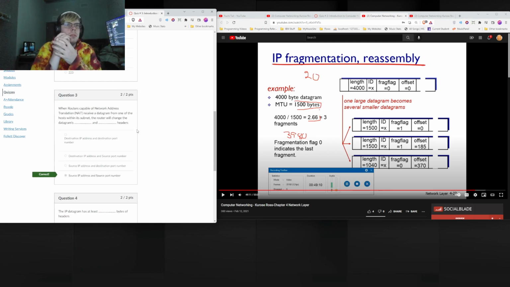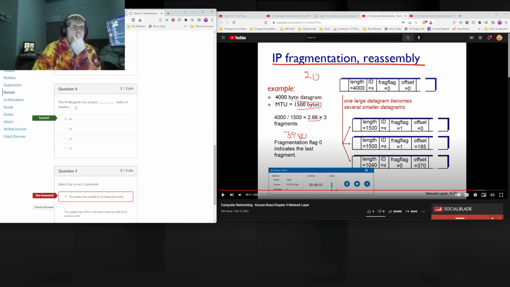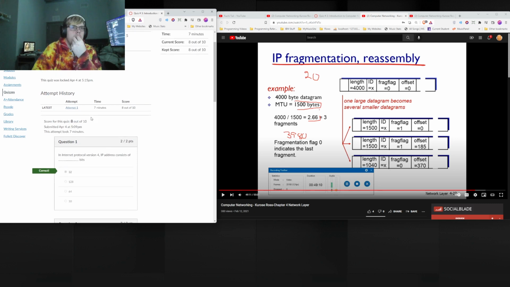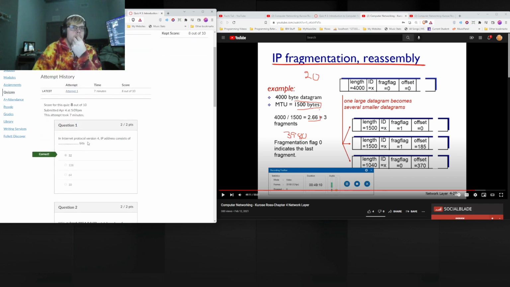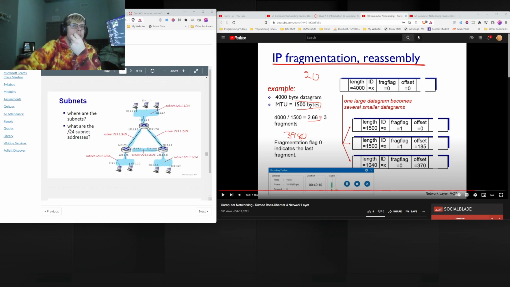When routers are capable of network address translation. Oh, we didn't get here yet. Yeah, I thought this was 40. Was it this? I could have sworn there was a different question in regards to this number right here.